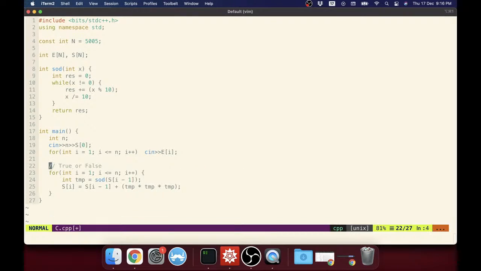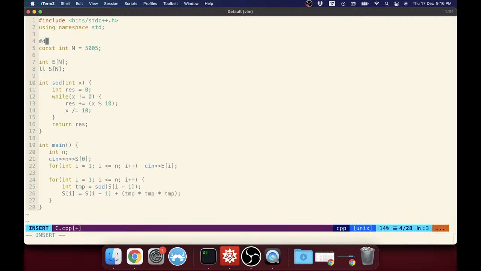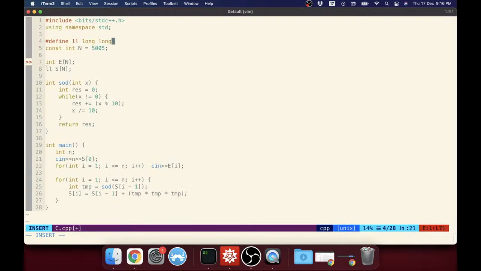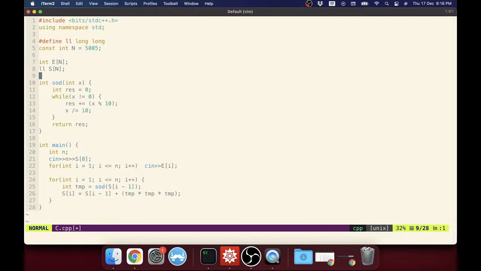You can't. Because you cannot, this array should be long. So this should be long, and this may be long too. The input you get is also long here.